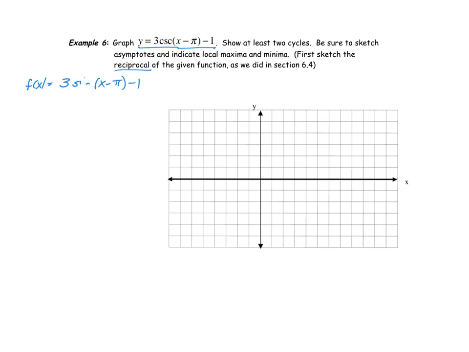So when graphing sine, the first thing we want to know is where is the axis of oscillation, or the midline, whichever one you want to call it. Here, this graph is shifted down 1, so we have minus 1 here. So that means that the axis of oscillation is going to be at y equals negative 1.